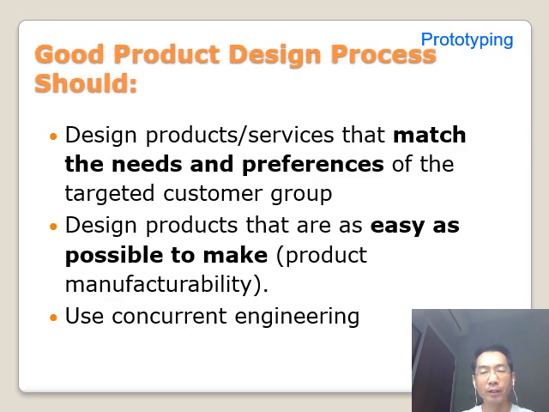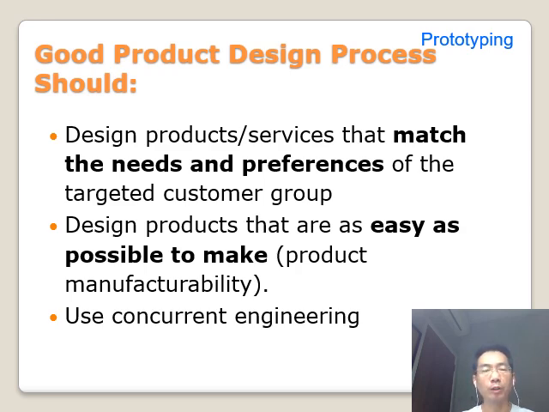So if we take the case of the product, after looking back, we can say the good product design process should have the design product and services that match the needs and the preferences of the targeted customer group, or design the product that is as easy as possible to make.